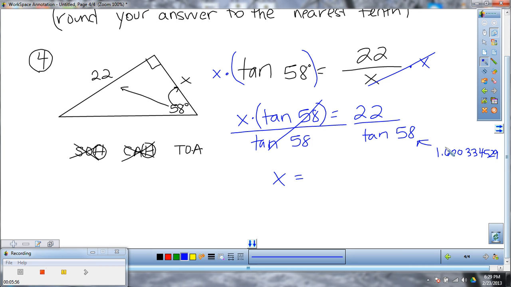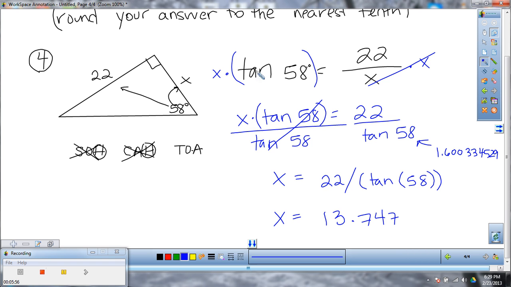So rather than having rounding error, I just want to type into my calculator 22 divided by parentheses tangent, and some calculators will automatically put a parenthesis when you hit the tangent button. So you'll type in 58, hit a parenthesis to close that, and then you'll have to hit another parenthesis to close your tangent group.